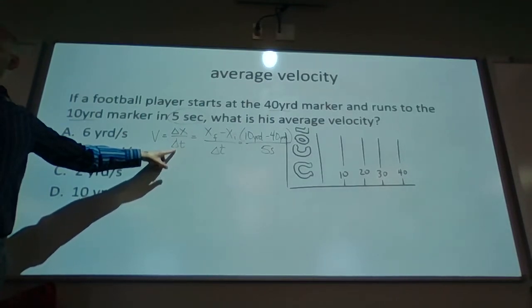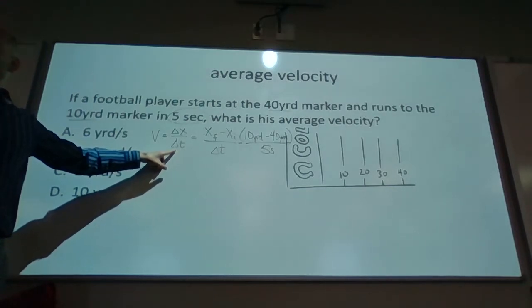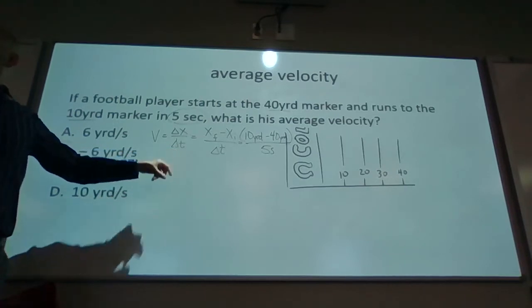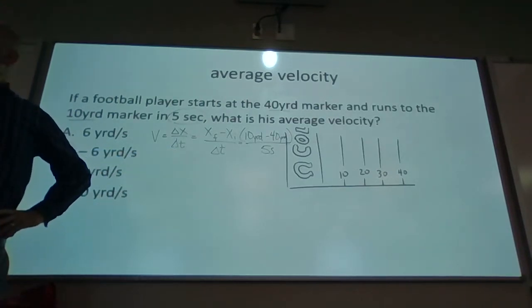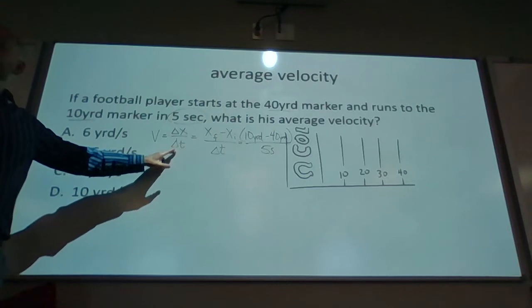What would be true if delta t was negative? So what does that mean? You're going back in time. That might happen in Marvel movies, but in reality, that does not happen. This will always be positive.